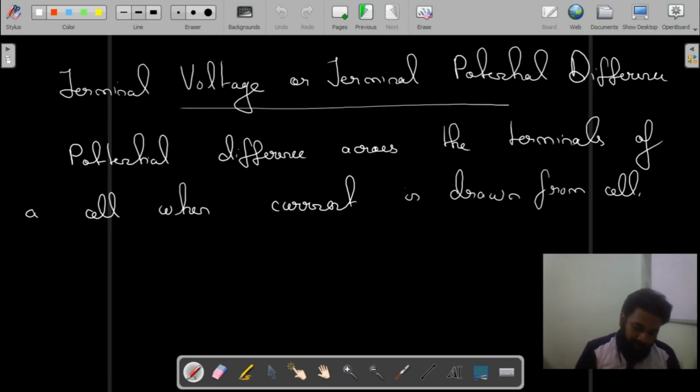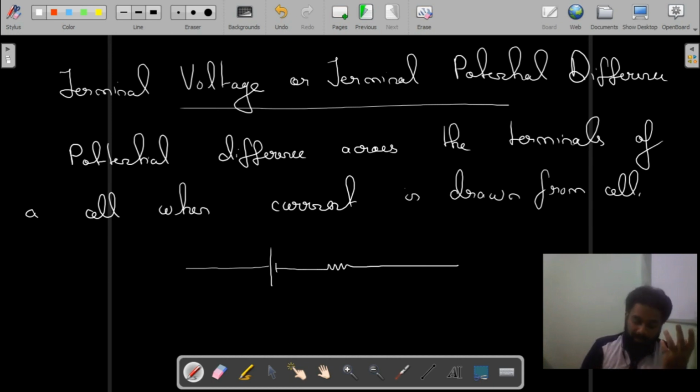Now we must have clarity that we have already studied internal resistance, and when we draw internal resistance, which one are the two terminals? Either this one and this one, or here, or in between. Before, should we consider internal resistance or not? We should consider internal resistance.